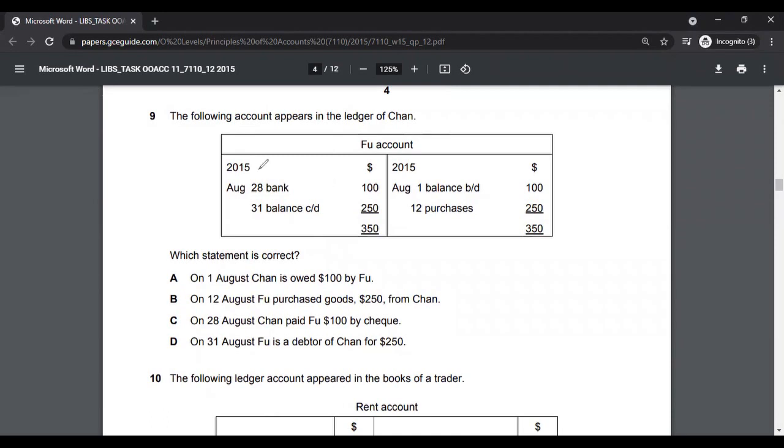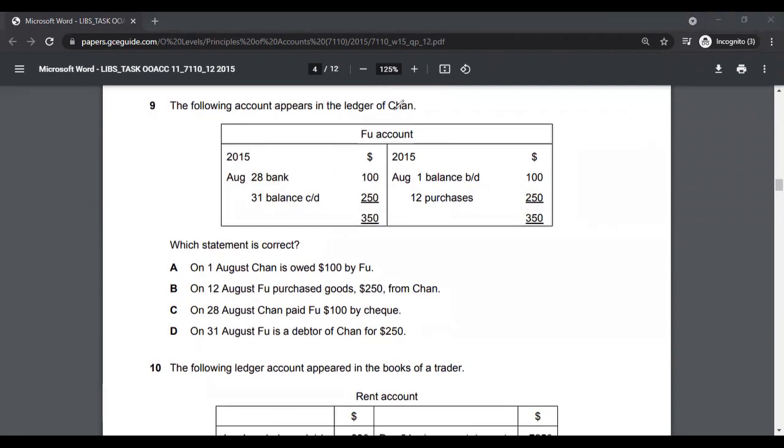Multiple choice 9. The following appears in the ledger of Chan. In the ledger of Chan, there's Fu's account. It has an opening credit balance. In other words, this means that Fu is a trade payable, so Chan has to pay Fu.